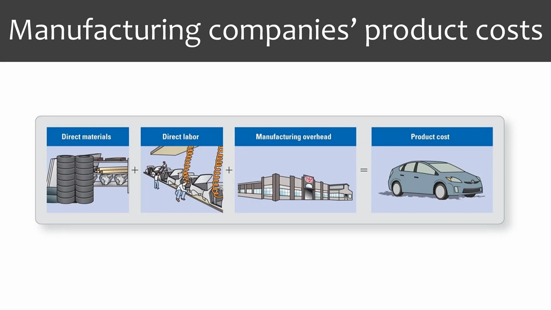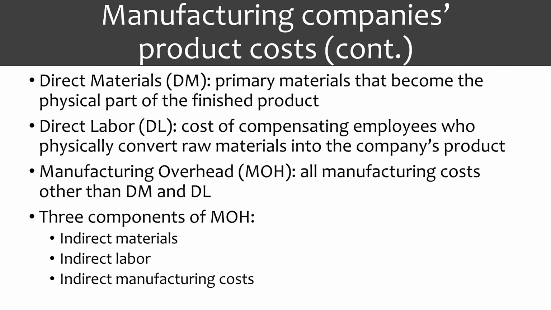Manufacturing companies' product costs include only those costs related to producing or manufacturing their products. Manufacturers incur three types of manufacturing costs when making, say, a vehicle: direct materials, direct labor, and manufacturing overhead. Okay, so we have direct materials.